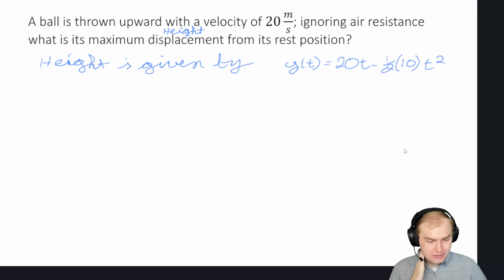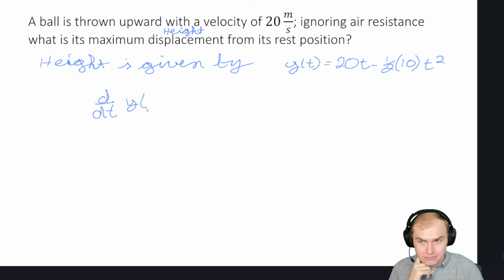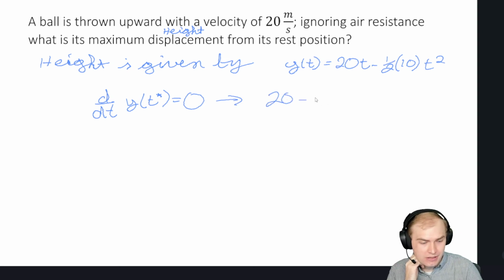In calculus, we learned how to do this. We just take the derivative with respect to time. We set it equal to 0. The derivative of this is 20 minus 10t star.